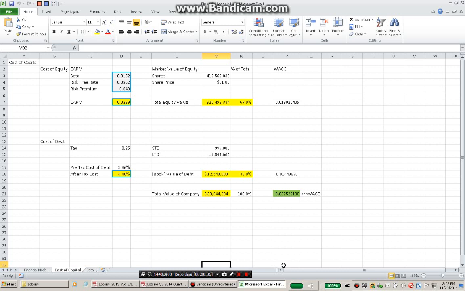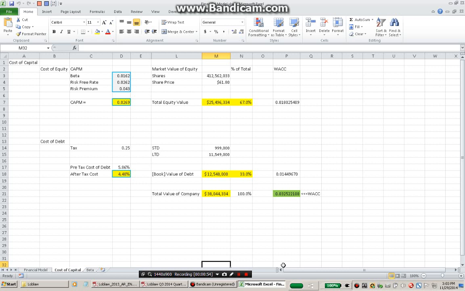So they will lease properties, and those will show up as operating leases or capital leases, and they don't fall technically under the debt category.